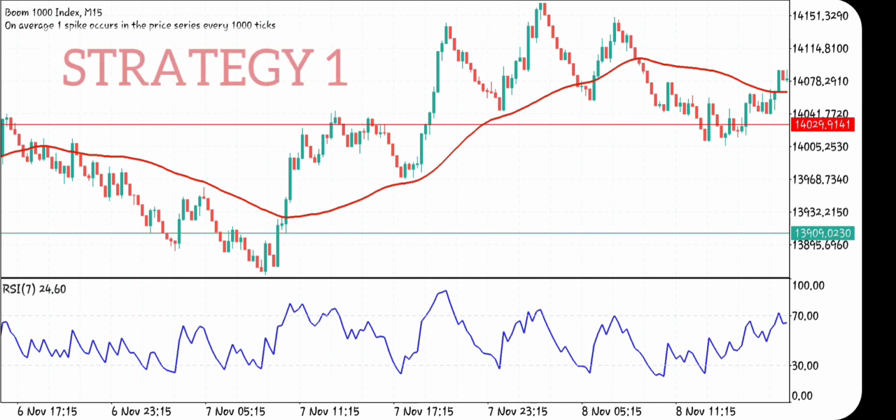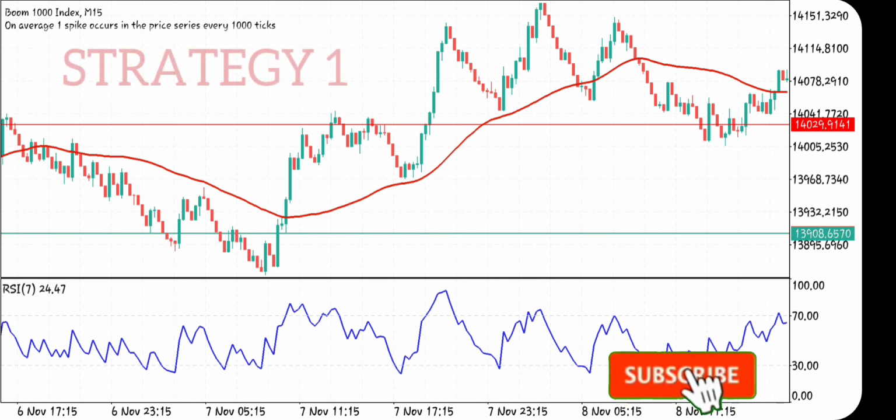And as professional traders, we know that trend is our friend. We don't go against the trend. When it is an uptrend, we look for our buy signals. When it is a downtrend, we look for our sell signals. The same thing applies with this strategy. So when we see that price is above the moving average, then we wait for our RSI to get oversold.